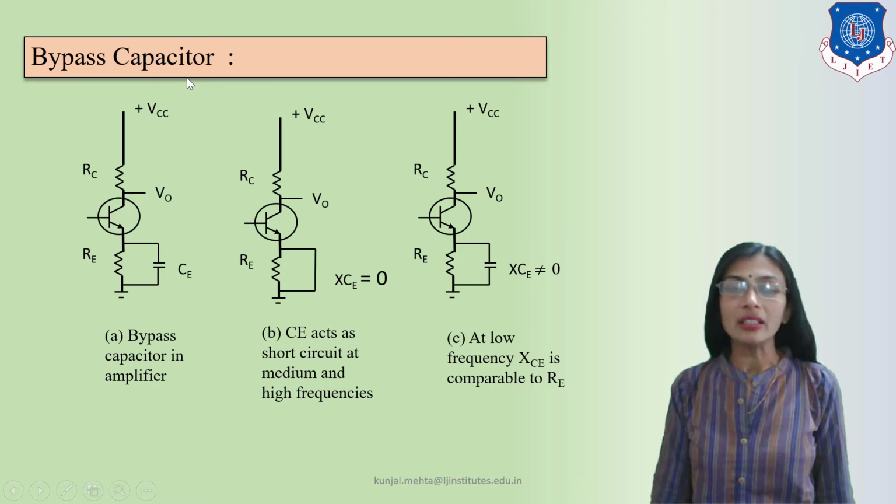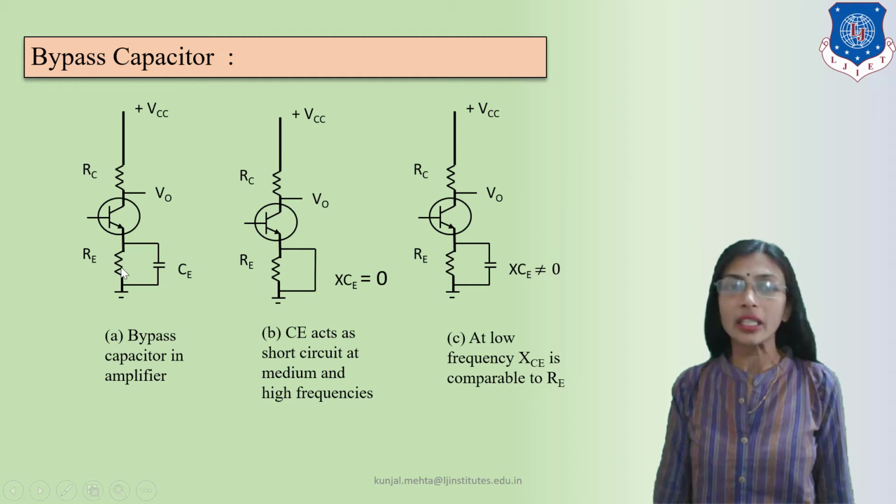Bypass capacitor, look at this. These are the three main connections and considerations for bypass capacitor. See, this is the bipolar junction transistor. It has three main terminals: base, emitter and collector. Always plus VCC battery is connected with the collector through RC. RC is the collector resistance on the collector terminal.